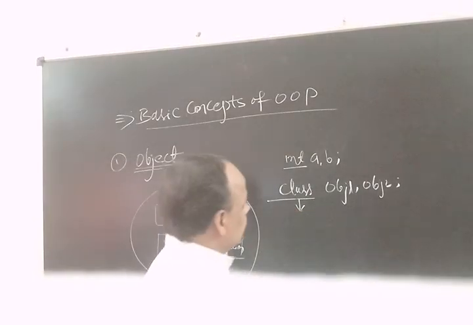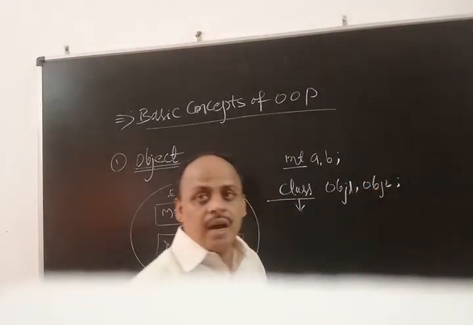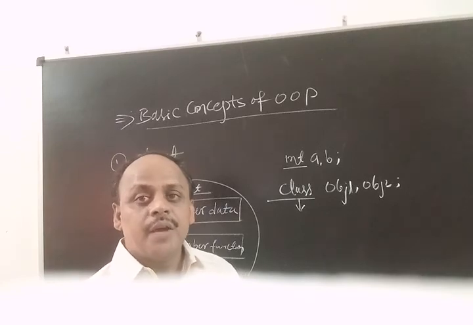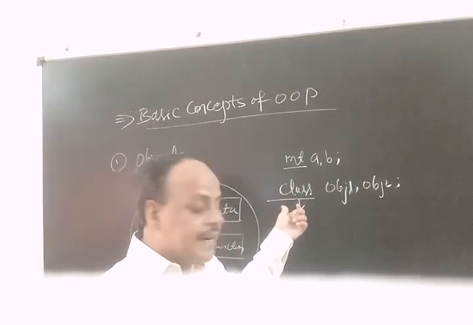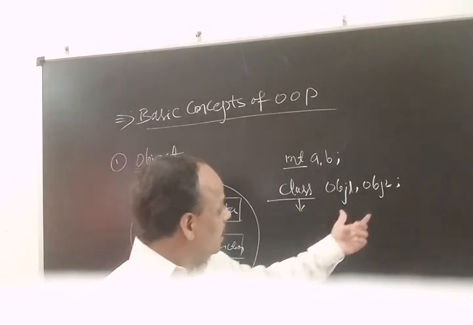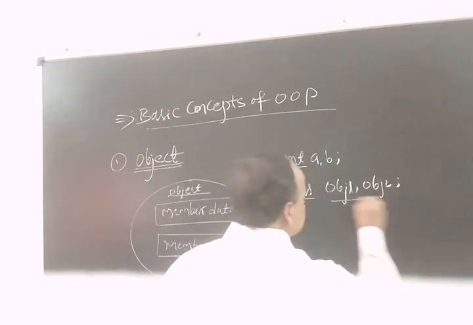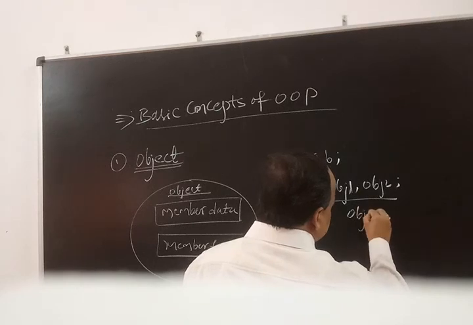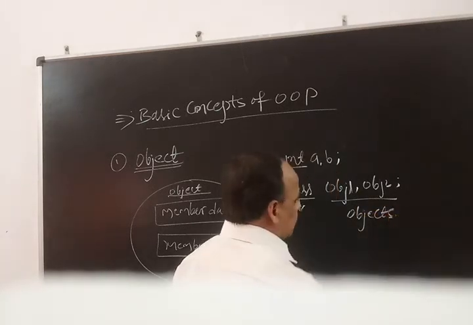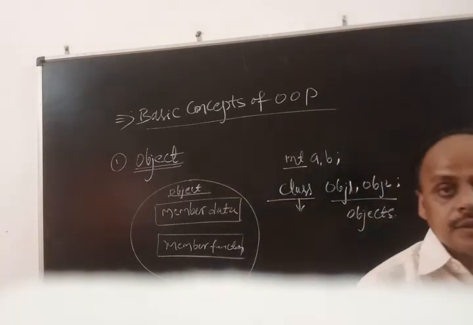For example, here obj1 and obj2 are variables of the user defined data type class, so these class variables are considered as objects, right?